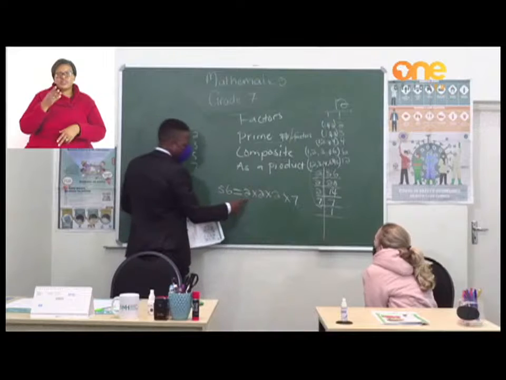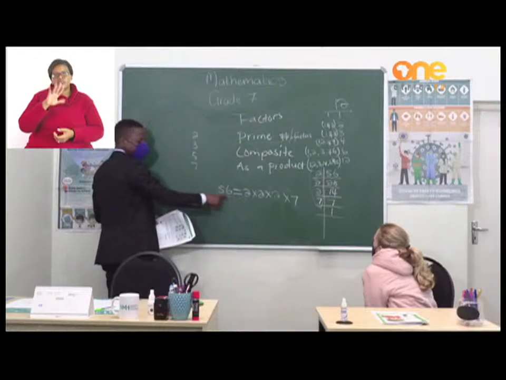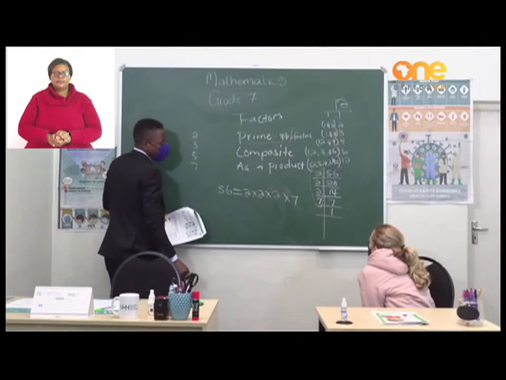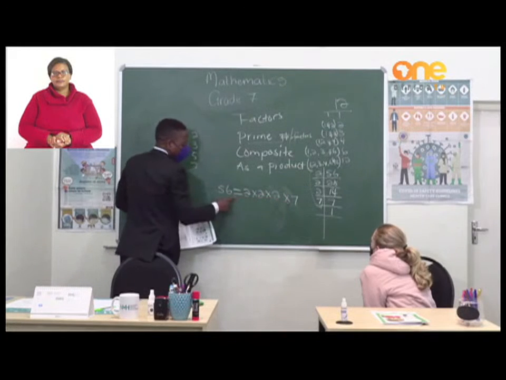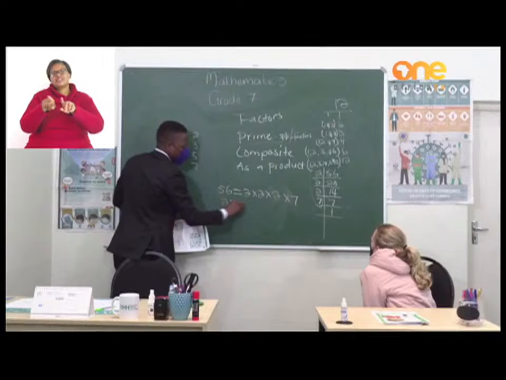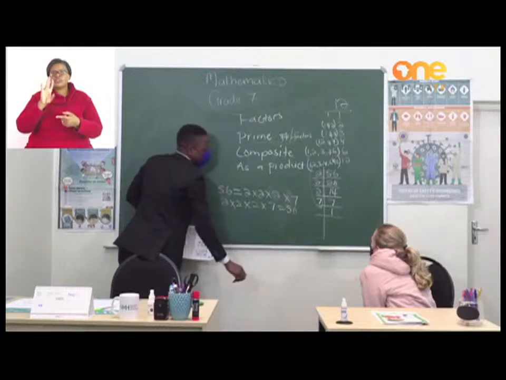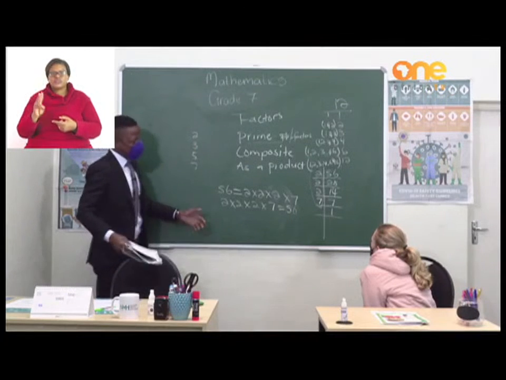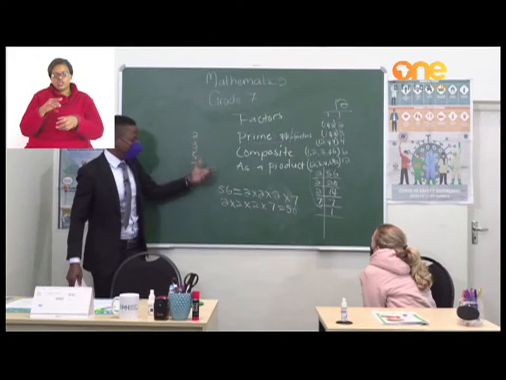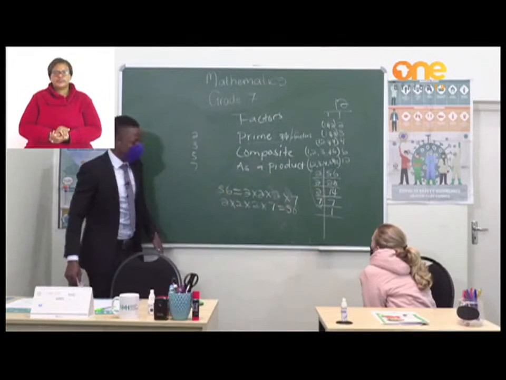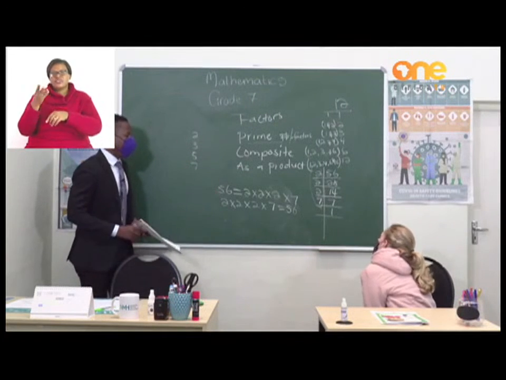So if you multiply 2 times 2 times 2 times 7, you get 56. Writing in this way, or you can write 2 times 2 times 2 times 7 gives 56. They are both correct. The only arrangement I changed is 56 to be on the other side and here to start, so it's still the same.